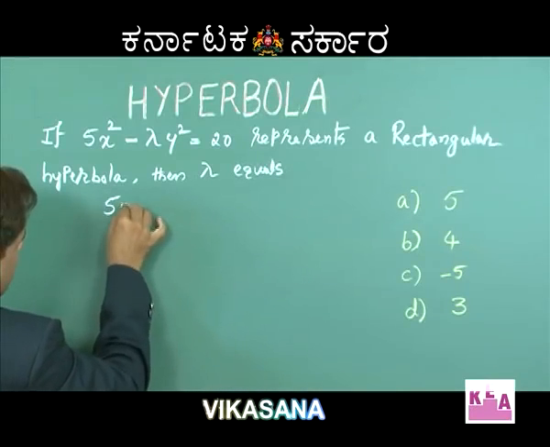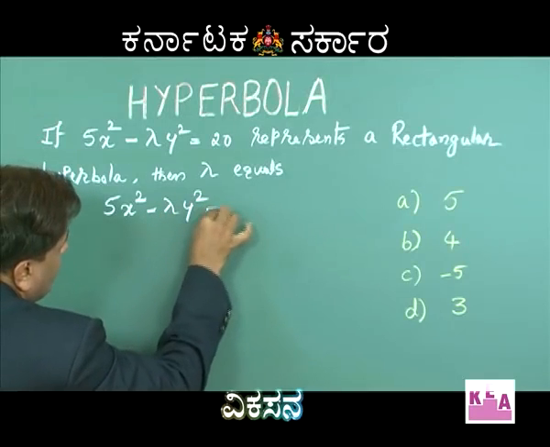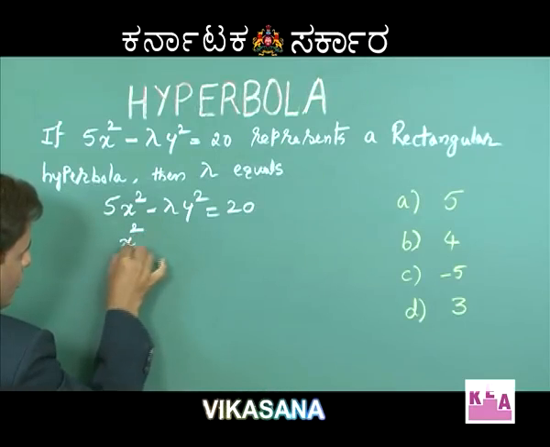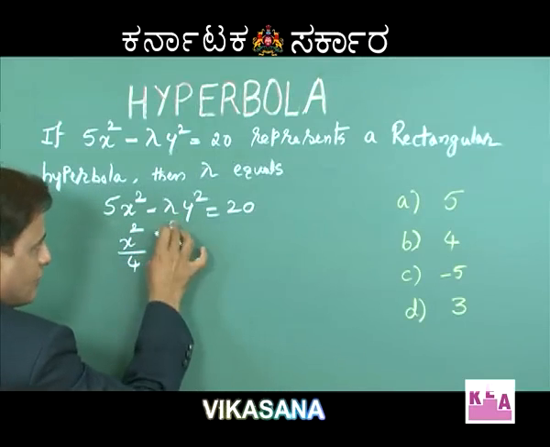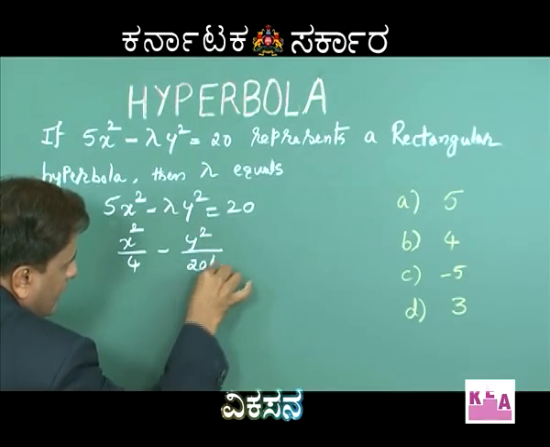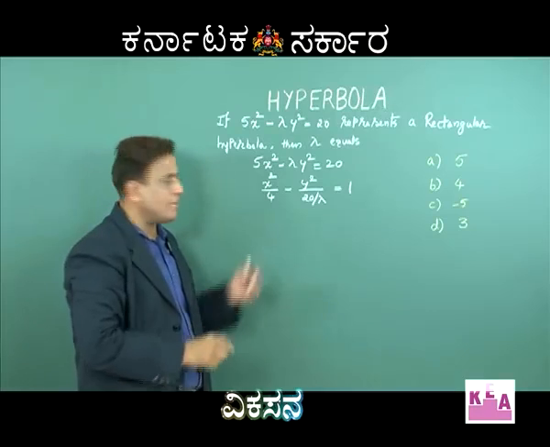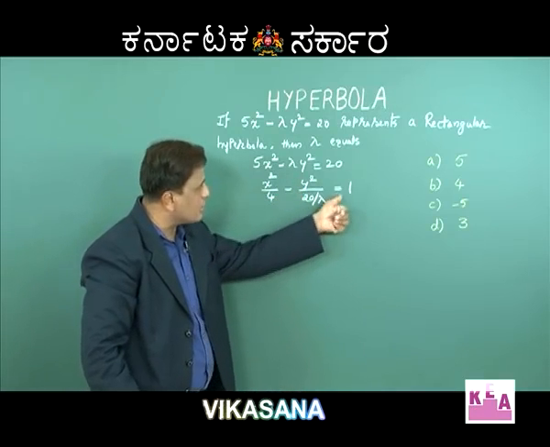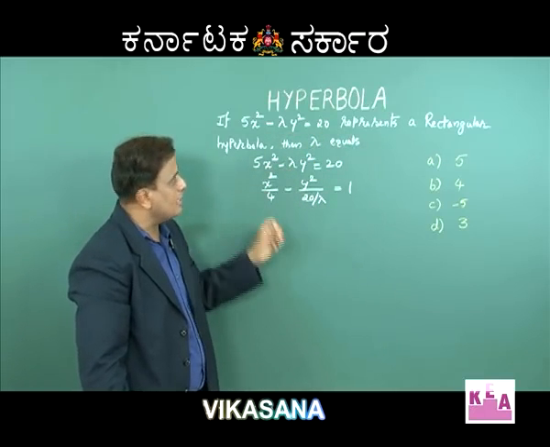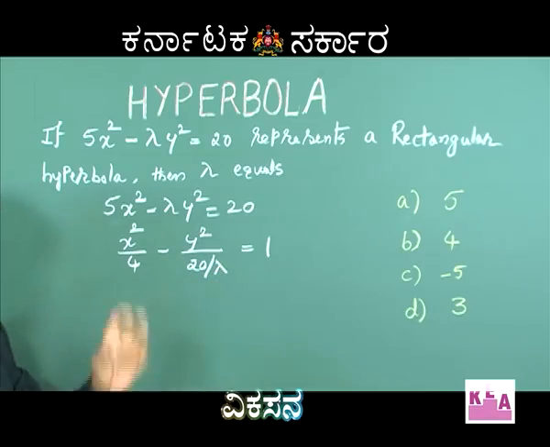Consider this equation 5x square minus lambda y square is equal to 20. Dividing each term by 20, x square by 4 minus y square by 20 by lambda equals 1. Now, this is in the form of x square by a square minus y square by b square is equal to 1, it is a hyperbola, but according to the given data it is a rectangular hyperbola. In the rectangular hyperbola, a square and b square must be equal.